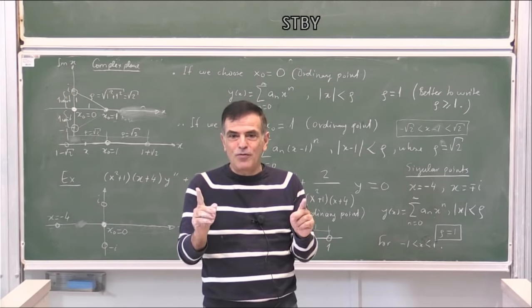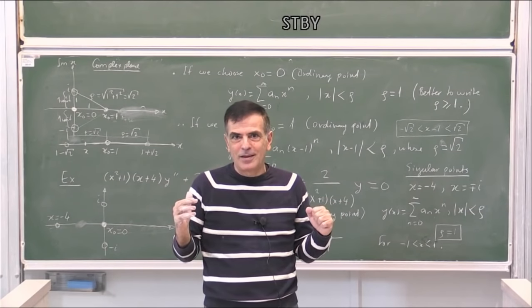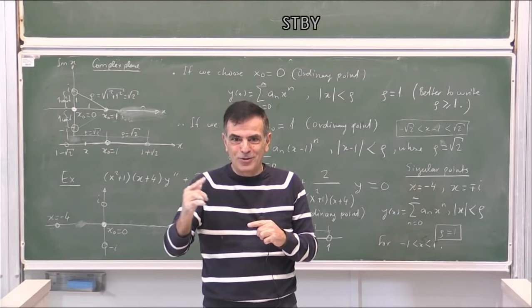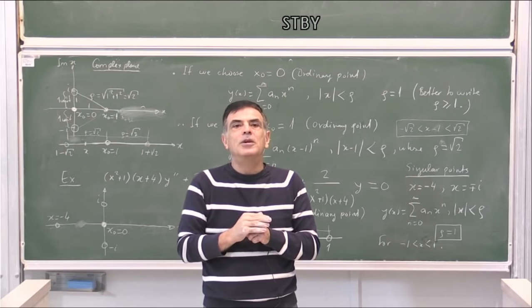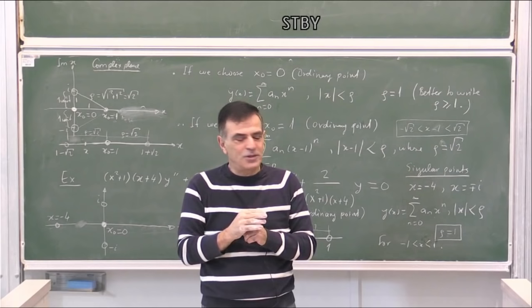The radius of convergence depends on the x0 we choose, and also depends on the singular points of the differential equation. Okay? To be specific, the nearest singular point to x0 is important to give a bound for the radius of convergence.